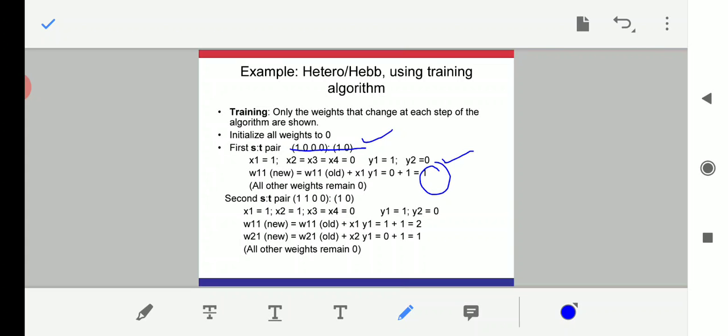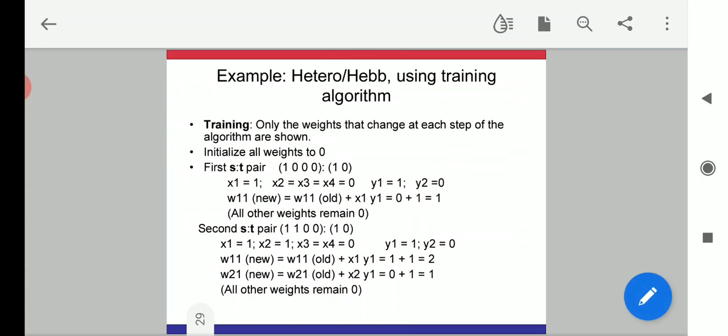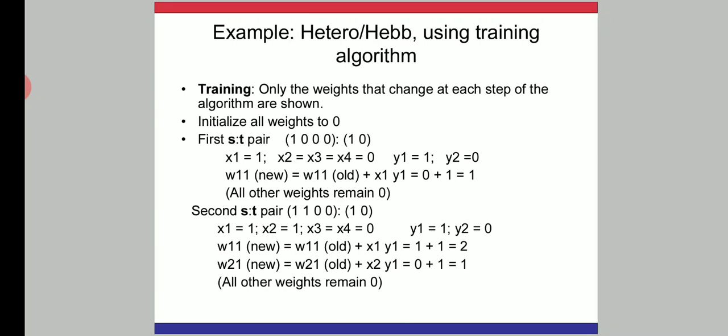Next, second pair was 1 1 0 0 and 1 0, that is x1 x2 x3 x4 1 1 0 0, y1 is 1 and y2 is 0. এইবার আমাদের w11 কি হবে? w11 new হচ্ছে w11 old plus x1 y1. w11 old কি ছিল?